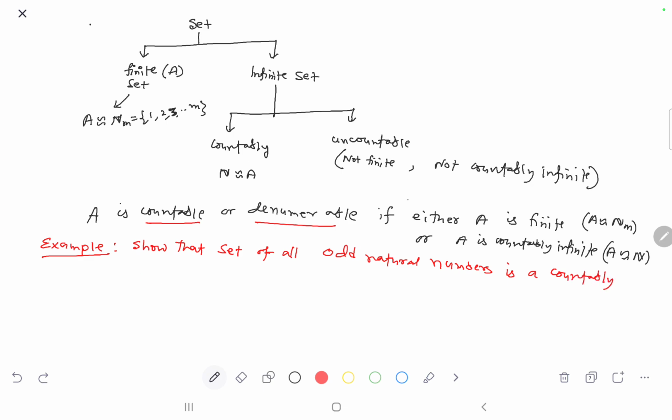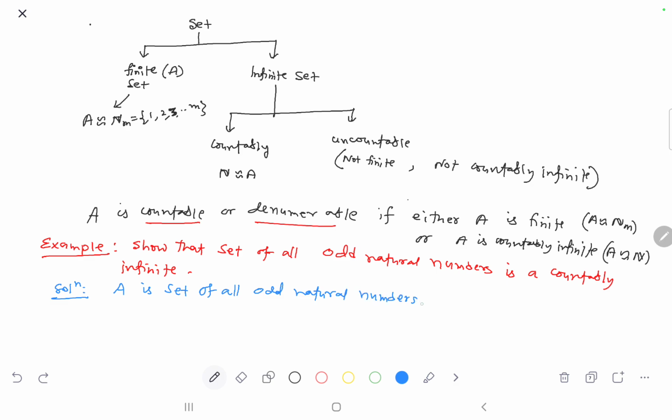First we have to write down the collection of all odd natural numbers. Let's first write it set theoretically. Let A be the set of all odd natural numbers.